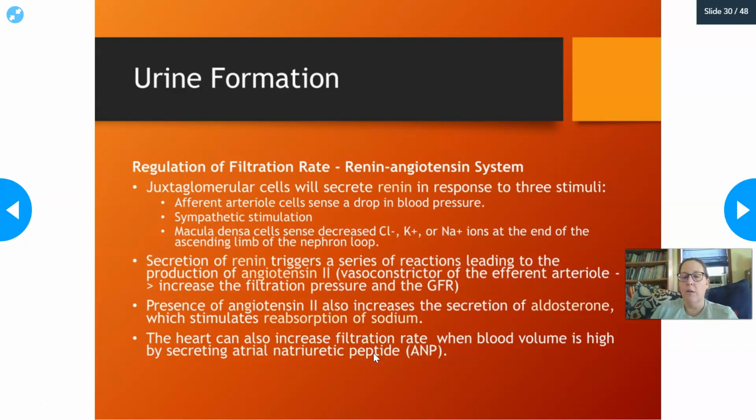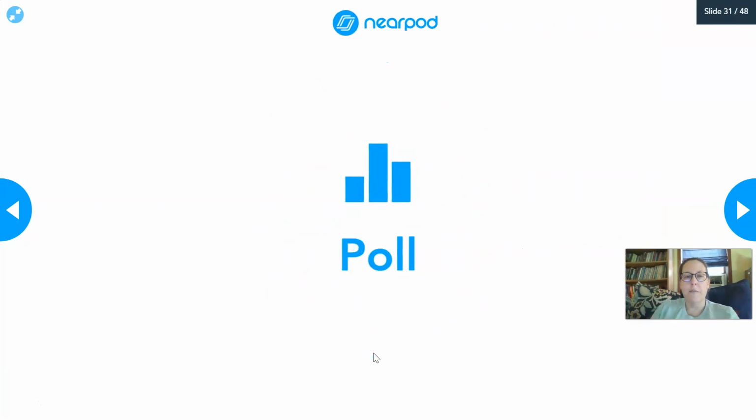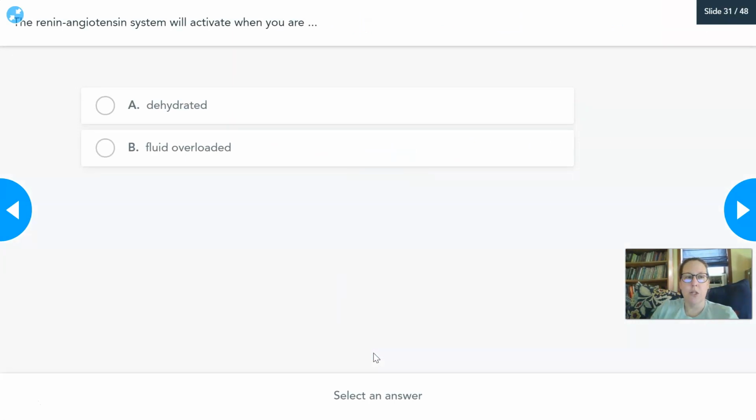The atrial natriuretic peptide and the brain natriuretic peptide both make you dump sodium so you can dump fluid. So it'll increase the filtration rate. So you make more urine, right? Those two are opposite each other.